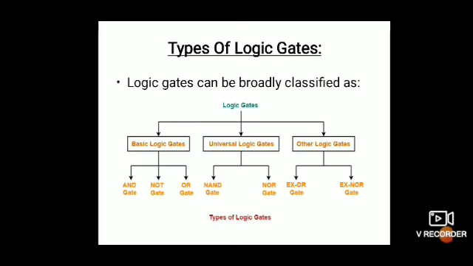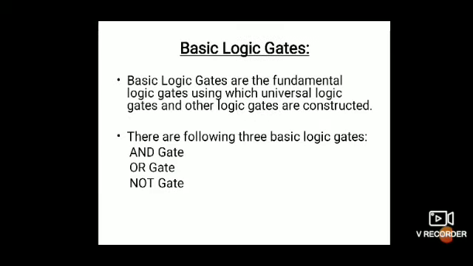And there are only two universal logic gates, which are NAND gate and NOR gate. These gates are called universal logic gates because all the three basic logic gates can be derived either by using NAND gate or NOR gate. The other logic gates are the exclusive OR gate and exclusive NOR gate.